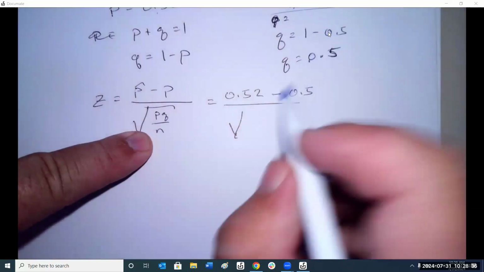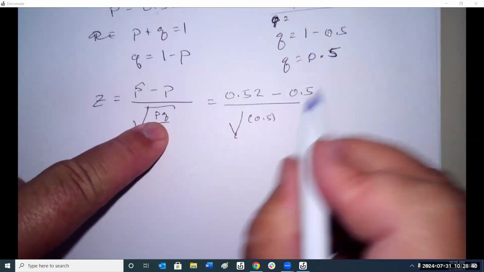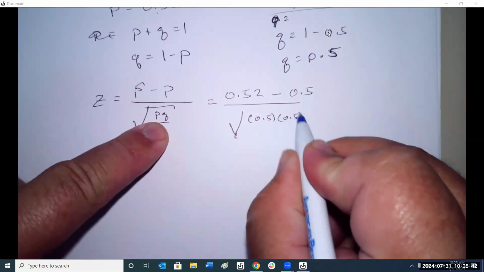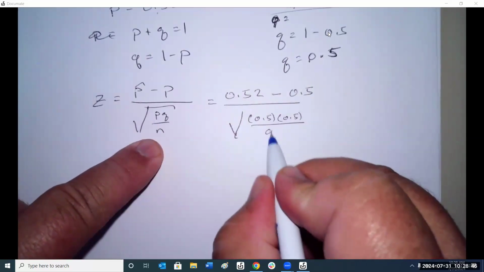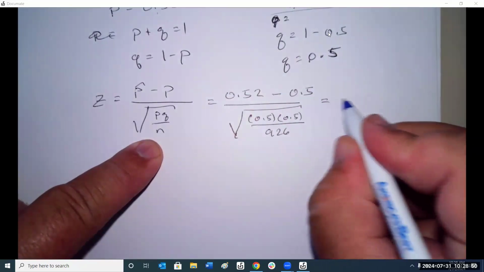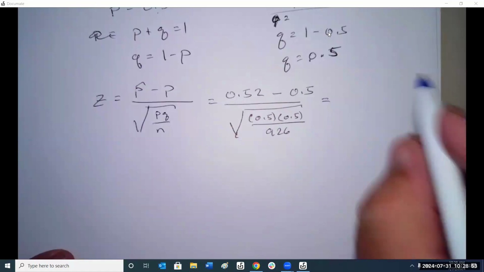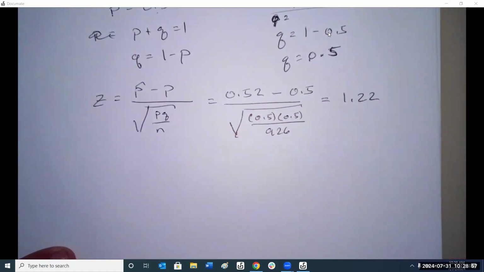P was 0.5. Q we calculated also 0.5, over N. N was 926. Put that in our calculator, run it through, we get 1.22.